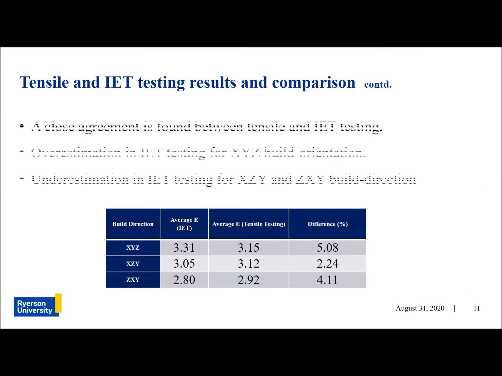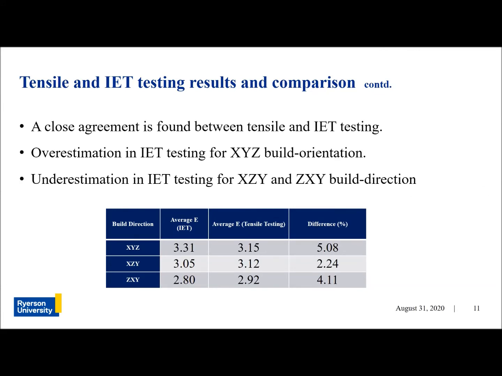According to the table, a close agreement is found between results achieved from traditional tensile testing and the inverse identification technique, with a maximum discrepancy of around 5%. Compared with traditional tensile testing, the application of IET can lead to a faster, easier, and more cost-efficient option for identification of material properties.